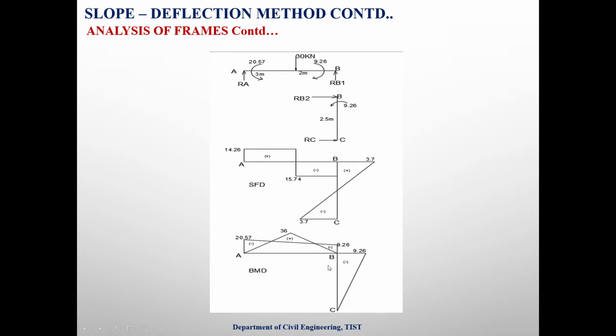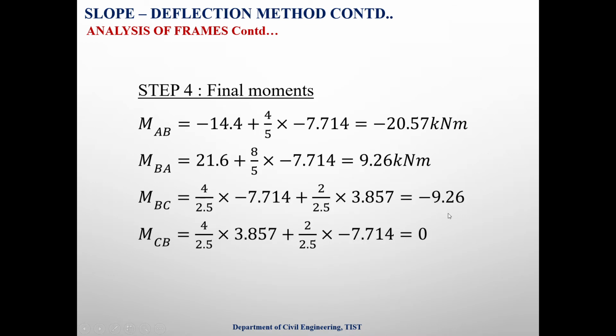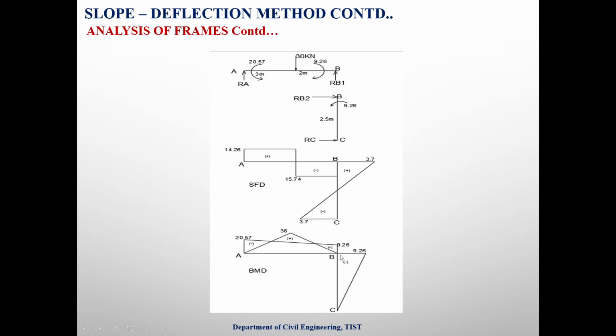The value of M BA is plus 9.26, that means it is in the clockwise direction. Mark 9.26 from BA in the clockwise direction. Then M BC is minus 9.26, so mark from BC in the anti-clockwise direction 9.26, and M CB is equal to 0. Join all these values, then we will get the combined bending moment diagram.